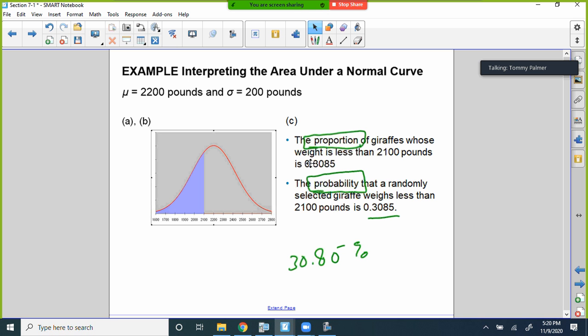The 68, the 95, the 99.7s, right? All right. So any questions about that? Again, it's just laying down the fundamental frameworks of the empirical rule of a bell-shaped curve and getting you acclimated to different vocabulary and so forth.